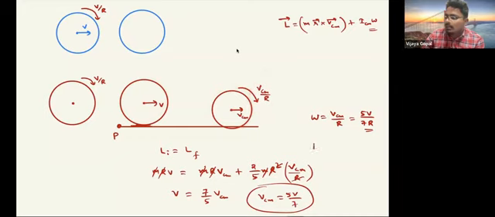So L equals ICM into omega. ICM is 2 by 5 mr square, into 5V by 7R. R will get cancelled, 5 will get cancelled. So 2 by 7 MRV will be the answer.